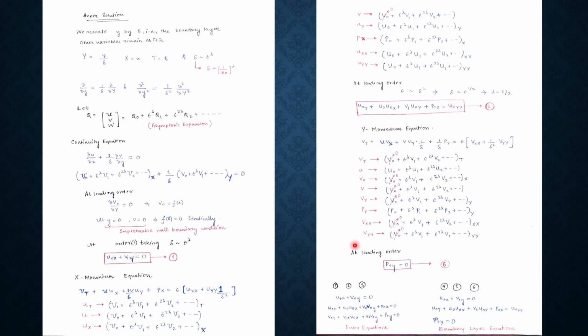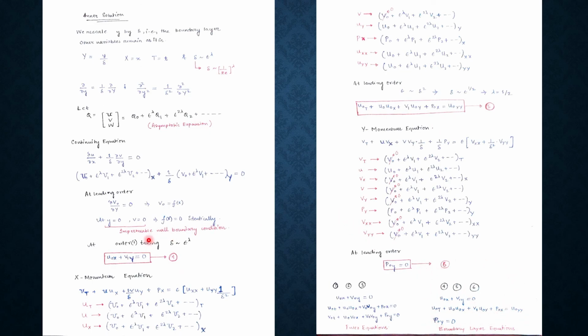A similar analysis for the y momentum equation was done as well, but in this case the leading order term would only be the p term. All other terms would be of lesser order than this, and hence we'd get that p0_y is equal to 0.